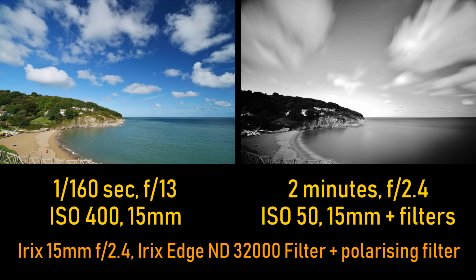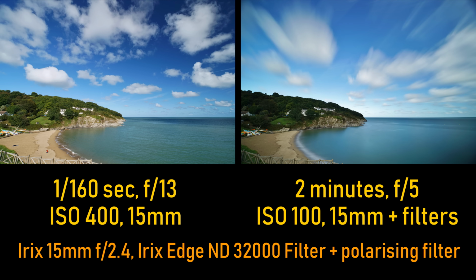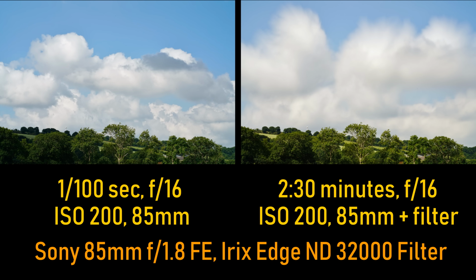If the sky features heavily in the image, then a long exposure of at least a minute or so can bring beautiful movement into the clouds you can see, or just soften them up a bit. Try using a polarizing filter in conjunction with your ND filter to darken the blue of the sky and further emphasize the effect. You'll want to use an ND2000 filter at the very least for this effect, preferably an ND4000 filter or maybe even darker.